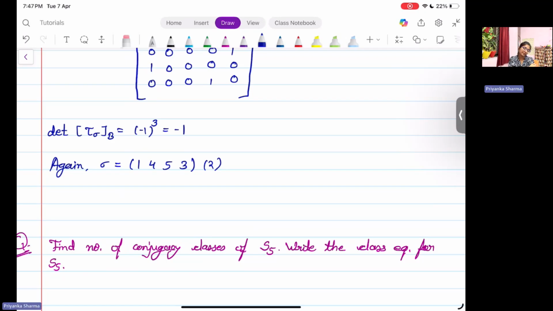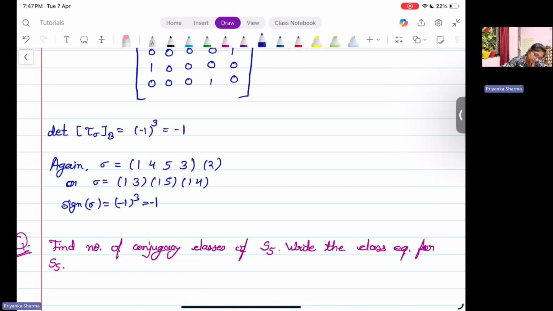If you want to write this in the form of transpositions, then this can be written as (1 3)(1 5)(1 4). 2 is mapped onto 2 itself. So the sign of sigma is (-1) to the power 3. We can find it in this way again. So that is -1.